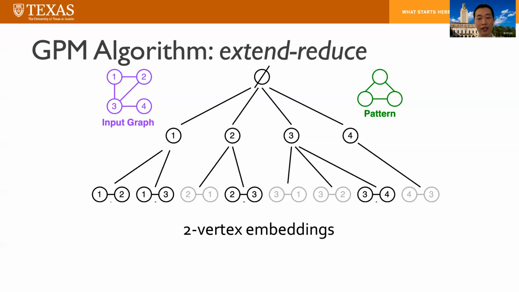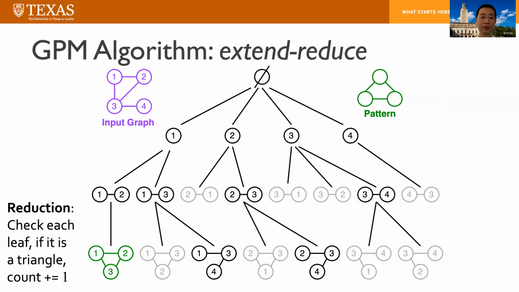We can notice that there are some redundant embeddings. For example, these 2 embeddings, 1, 2, and 2, 1. We call them automorphisms. Since they are identical, we only need to keep one of them and discard the rest. We used an automorphism check to pick a canonical one out of all automorphisms.